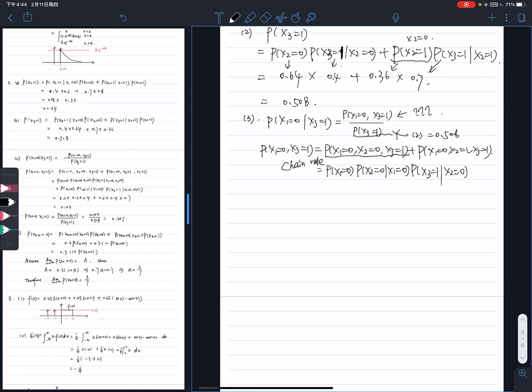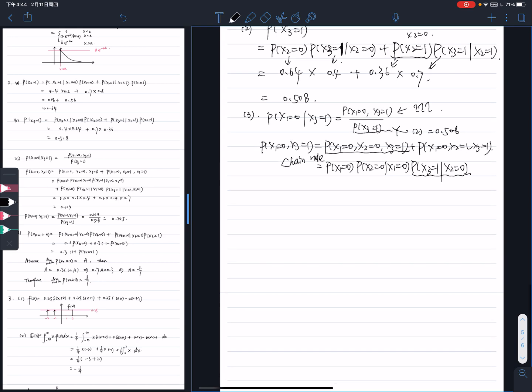It means that P(x_{k+1}) only depends on P(x_k) and has no relation with x1, x2 to x_{k-1}. So we can denote this part like this, plus P(x1 equals 0), P(x2 equals 1 on the condition of x1 equals 0) times P(x3 equals 1 on the condition of x2 equals 1).